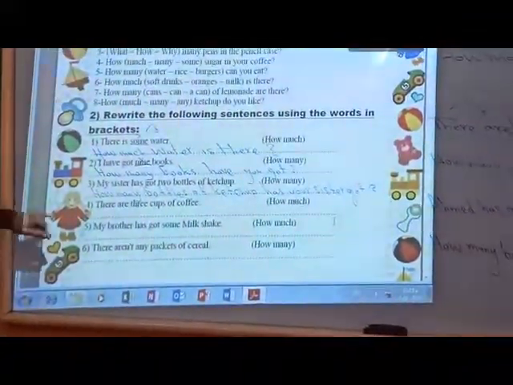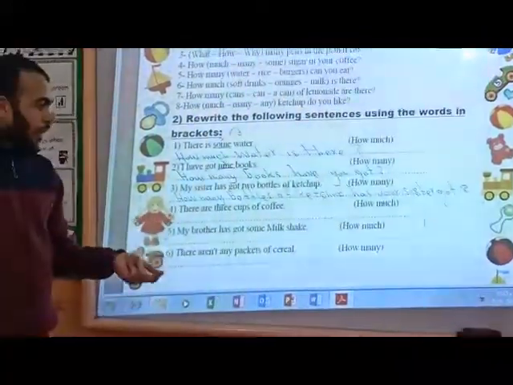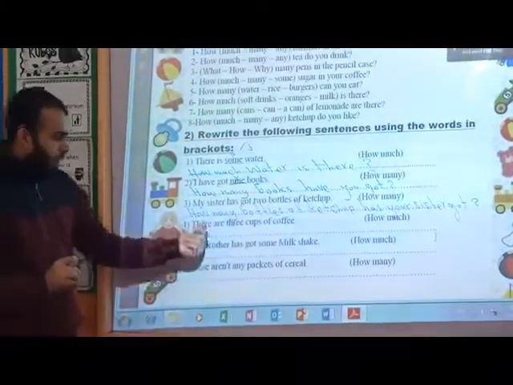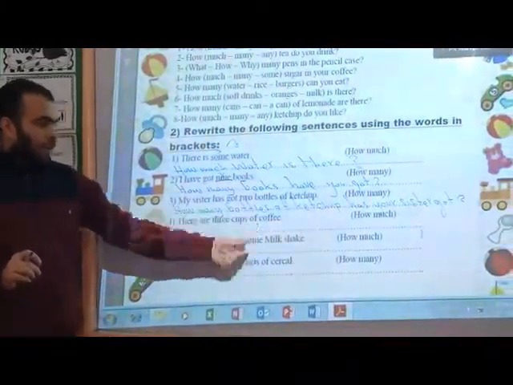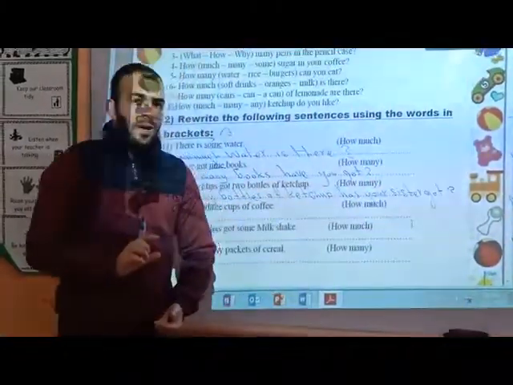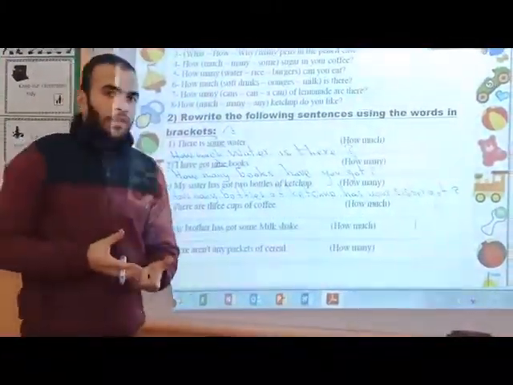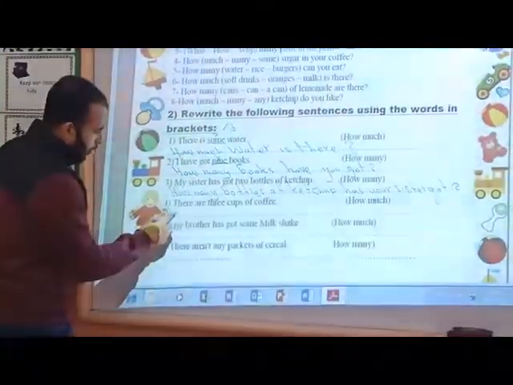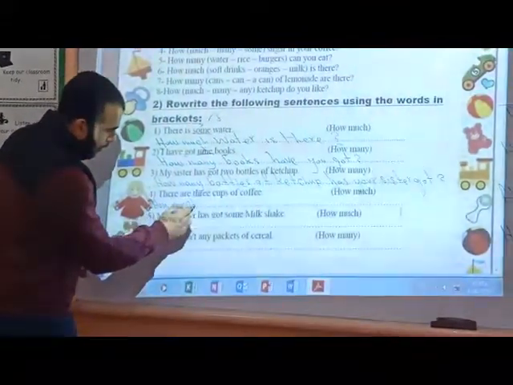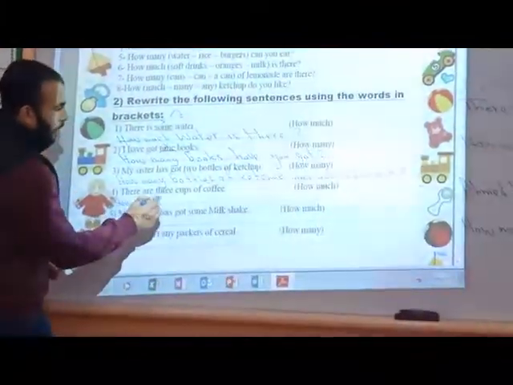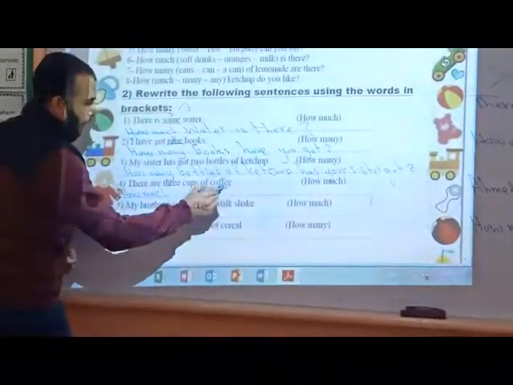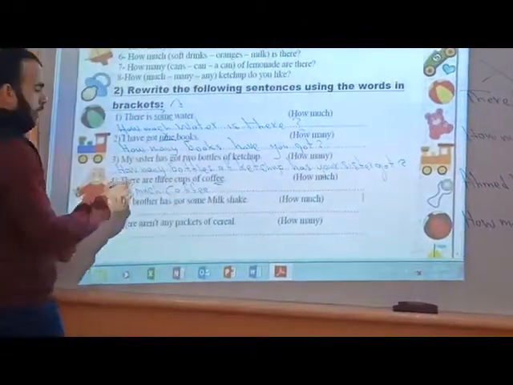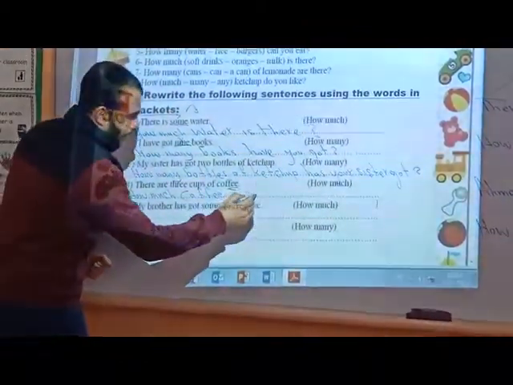Number 4. There are 3 cups of coffee. Use how much. Pay attention to this sentence, please. There are 3 cups of coffee. Use how much. How much asks about the quantity of uncountable nouns. So we use how much to ask about the cups of coffee or the quantity of coffee that we have. How much coffee is there?